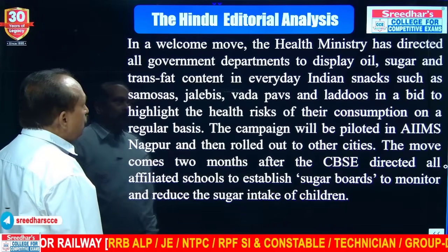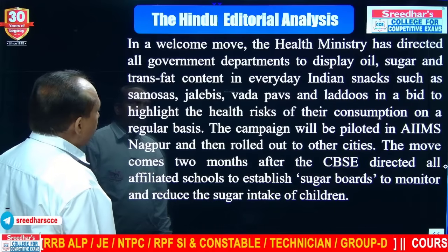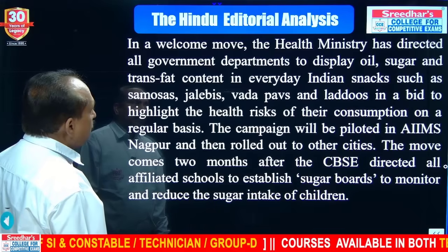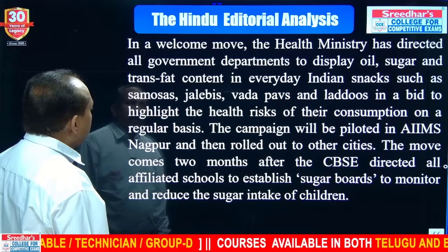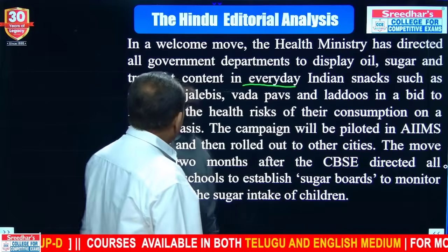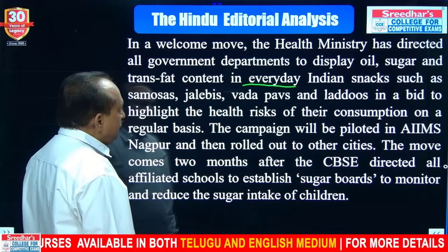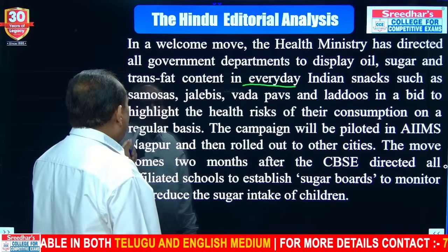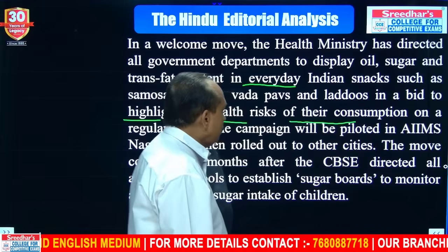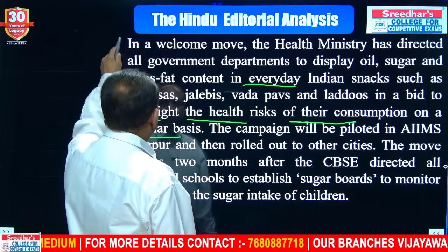In a welcome move, the Health Ministry has directed, present perfect, all government departments to display oil, sugar and trans fat content in everyday Indian snacks such as samosas, jalebis, vada pavs and laddus in a bid to highlight the health risks of their consumption on a regular basis.